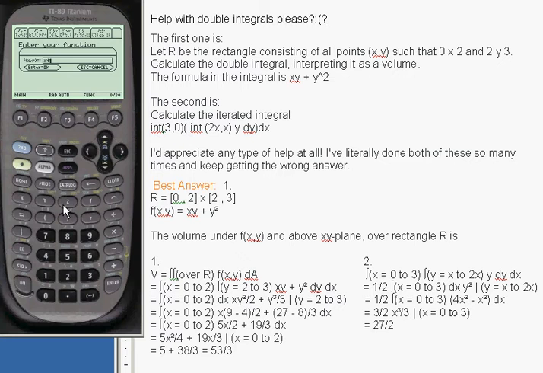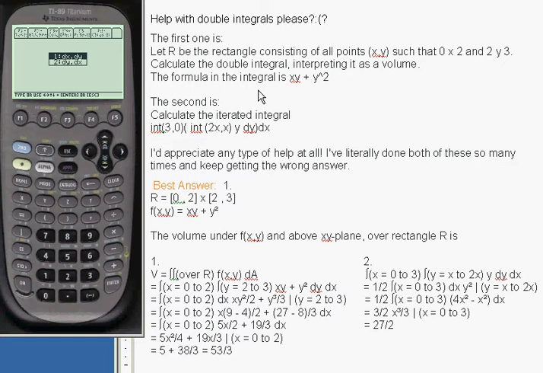X times y plus y squared. Press enter. Looks pretty good. Change it if it wasn't.